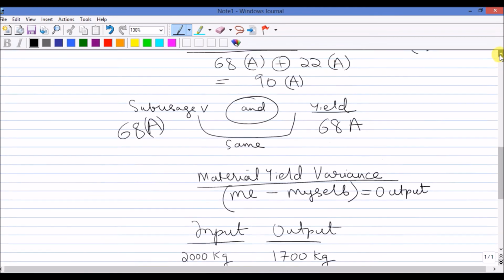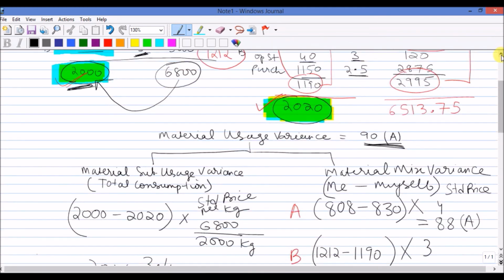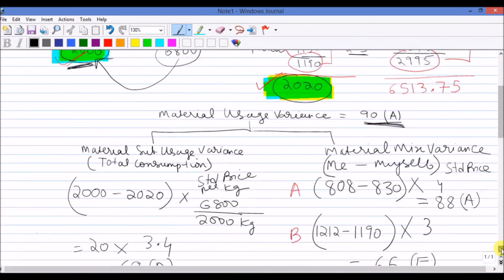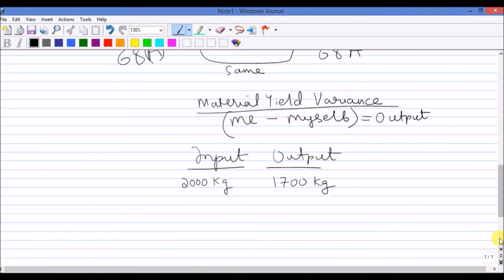Then my input is 2020 kg, and how much should be my output.